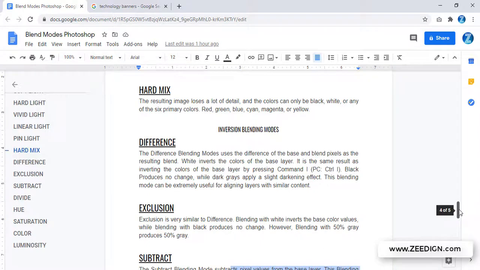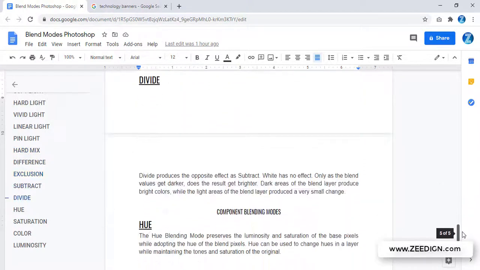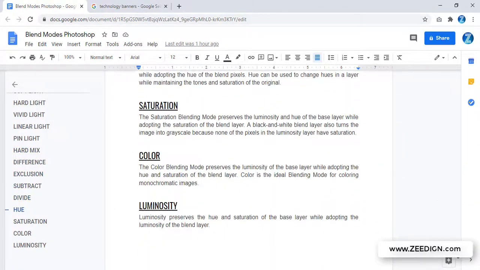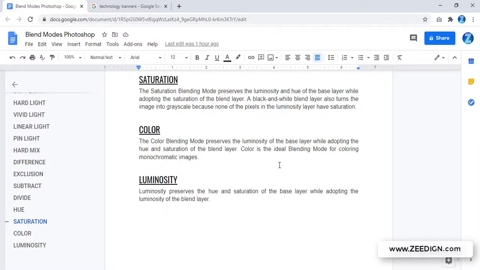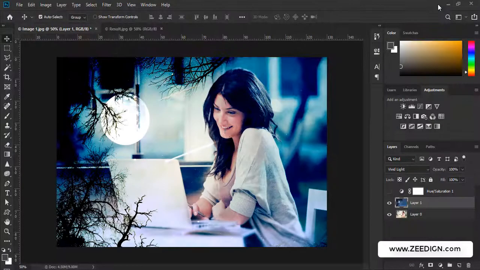Okay, maybe I'm going too fast again. Anyway, you can pause at any point to read these definitions, or you could look for these on the internet. You will find one.